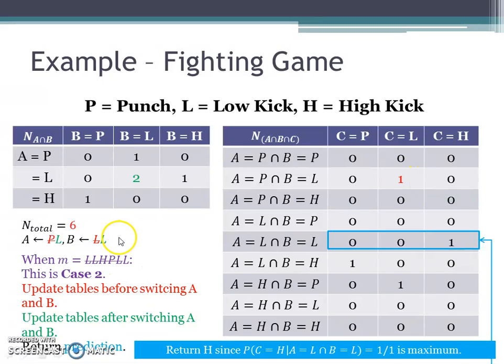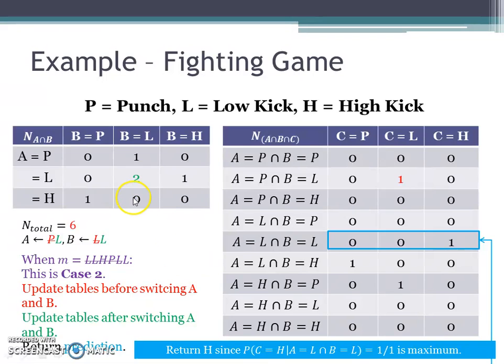And once we update our A and B to the newest strikes, L and L in this case, then we have to update this table where the frequency for A and B, when A is L and B is L, increases from 1 to 2.